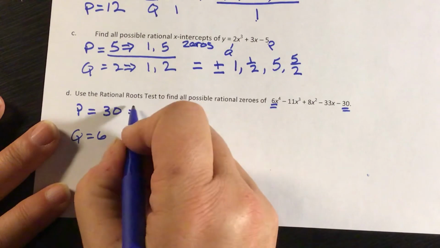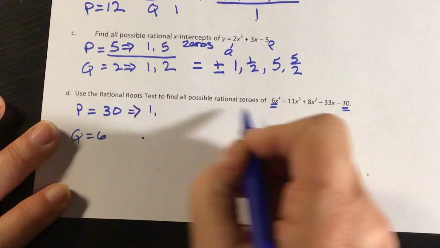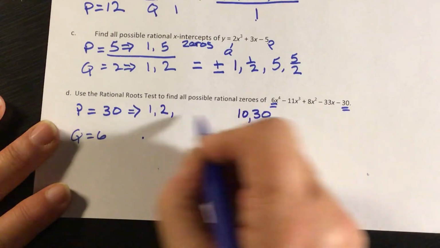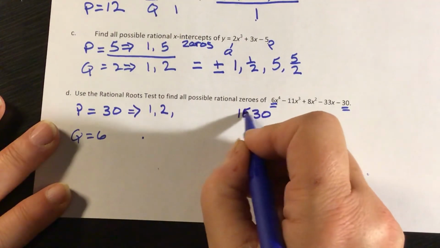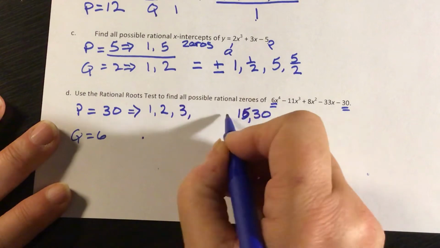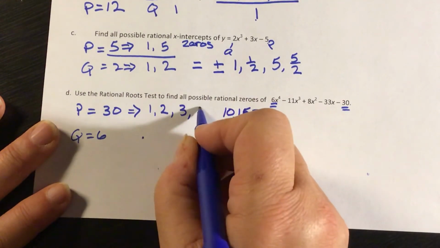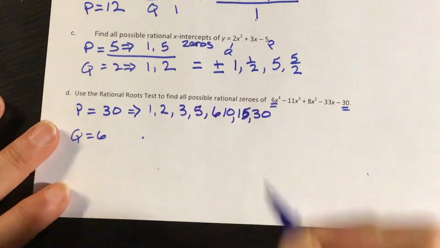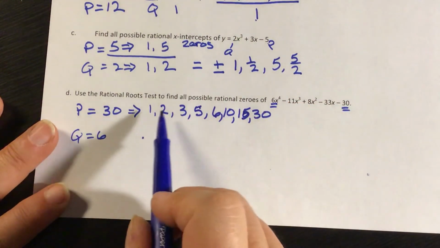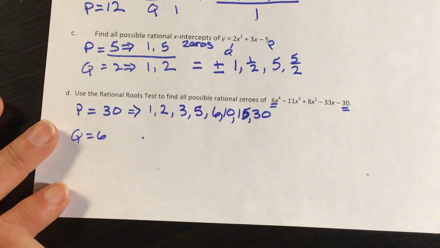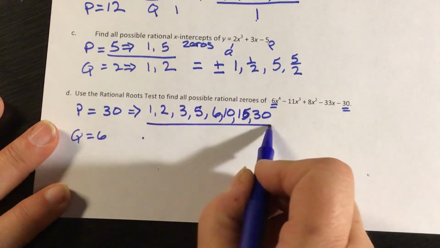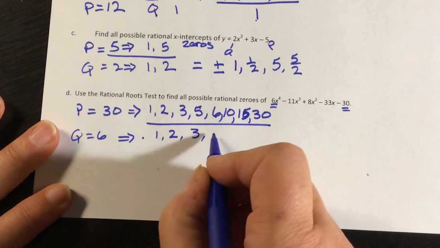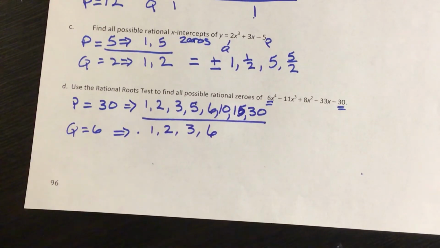So the factors of 30: 1 and 30, 2 and 15, 3 and 10, and 4 doesn't go into 30, but 5 does 6 times. So all of these numbers are factors of 30. The factors of 6 are 1, 2, 3, and 6.